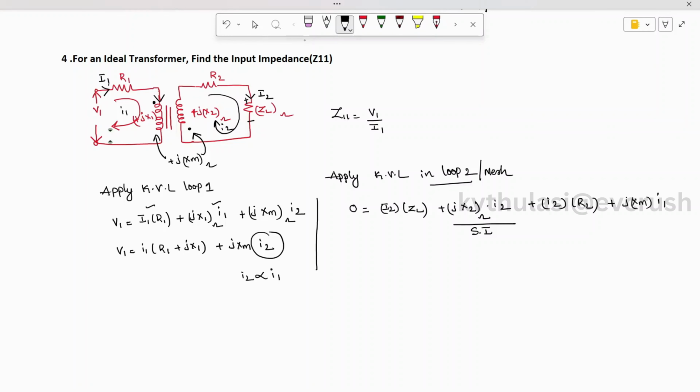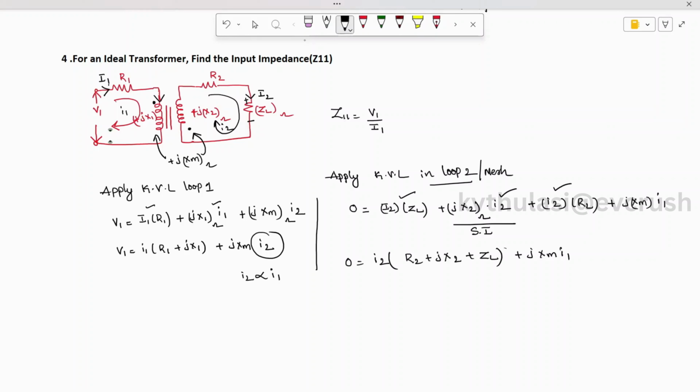Now let's segregate the I1 terms and I2 terms. Taking I2 as a common term, 0 is equal to R2 plus jX2 plus ZL, multiplied by I2, plus jXM into I1. We require the value of I2 in terms of I1.